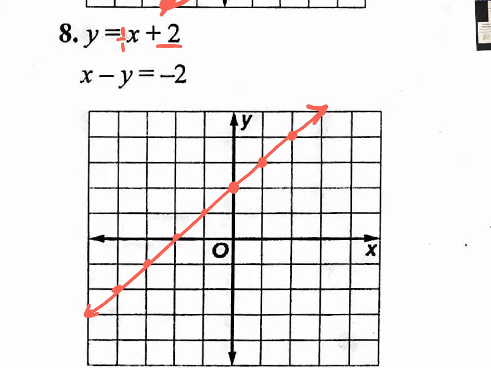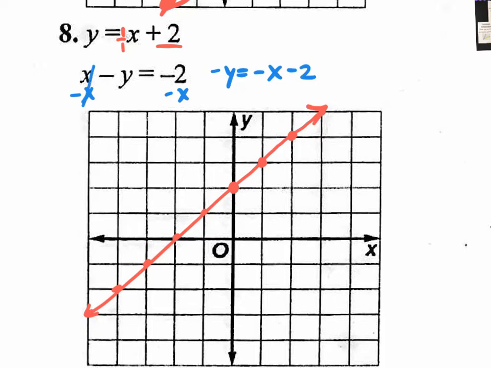The other one's not ready to graph yet. Let's get the y by itself so it could look like y equals mx plus b. So I subtract x, I'm going to have negative y equals negative x minus 2. Once again, right here the x is canceled, or they end up being 0.